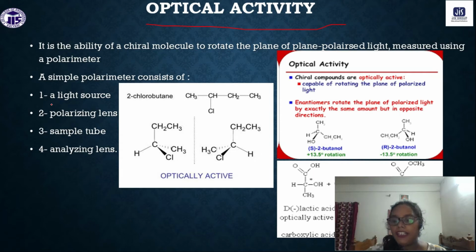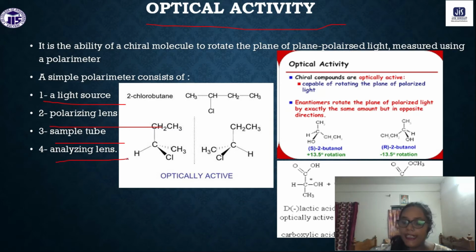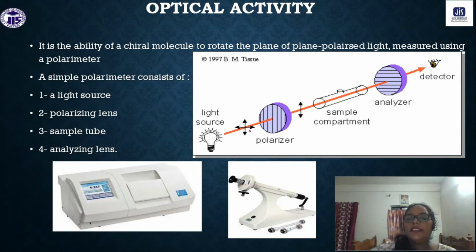Actually, in a polarimeter we have a light source, a polarizing lens, a sample tube for the sample we are testing to see whether it is optically active or not, and also the analyzing lens. So this is the construction of the polarimeter, by which we can determine whether our compound is optically active or not.